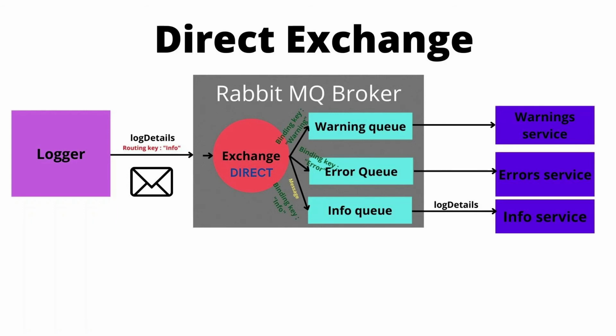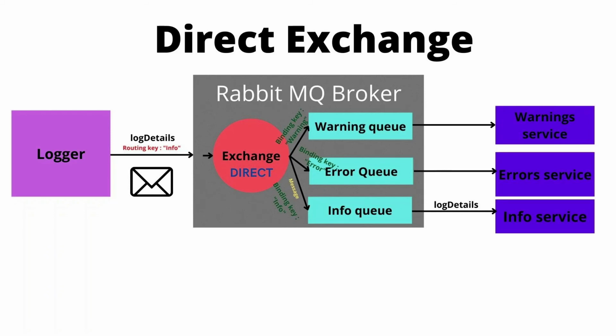In this example, the warning queue, for example, is bound to the exchange with a binding key of value warning. The error queue has a binding key of error, and the info queue has a binding key of info. So, based on the definition, we can see that the routing key of the log details being sent, which is info in this case, is matching with the info queue binding key, which is info, which is why the exchange has routed that log detail, that message, to the info queue.